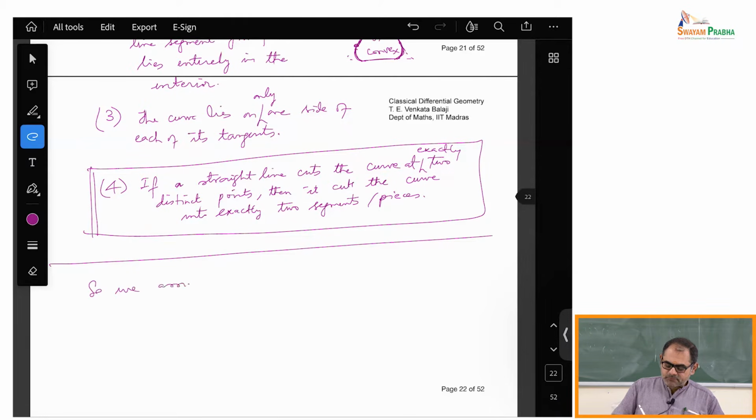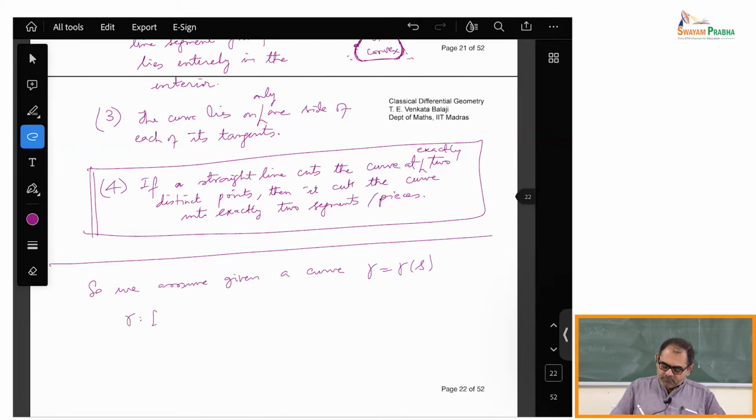We assume we are given a curve gamma equal to gamma of s. I'll use the arc length parametrization, because eventually I want to use the Frenet-Serret relations, and for that I need the arc length parametrization.